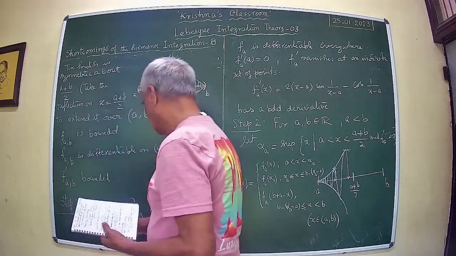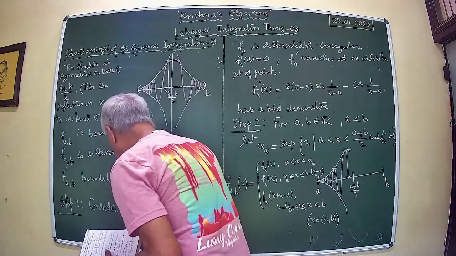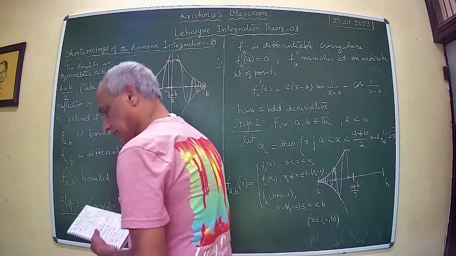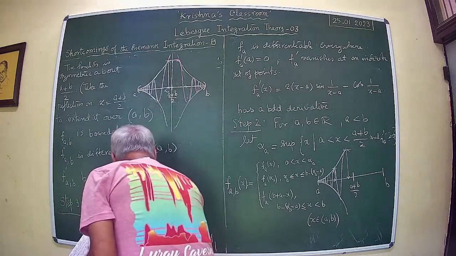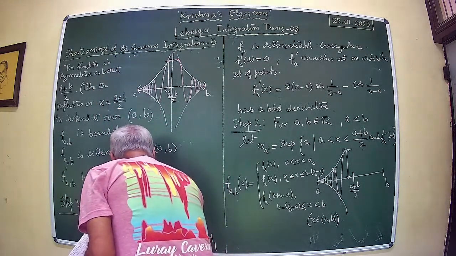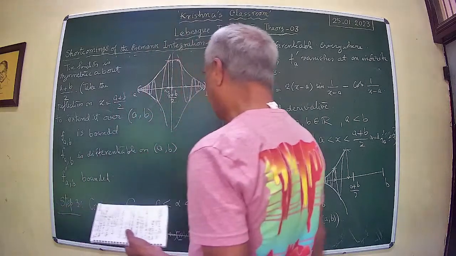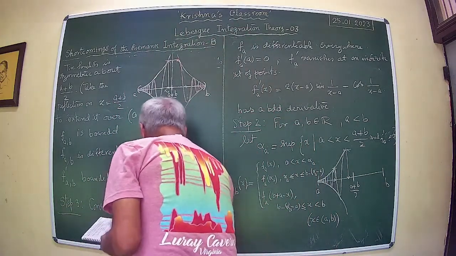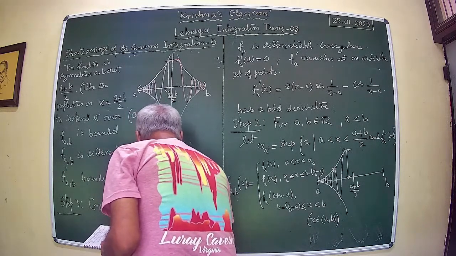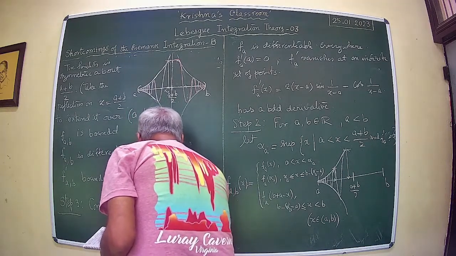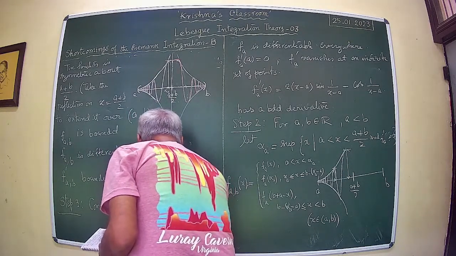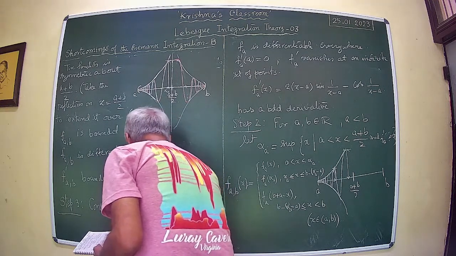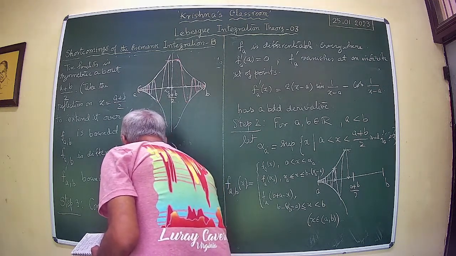And in the next stage, we picked up the middle of each interval, and from there we removed an open interval of length alpha by 3 squared.